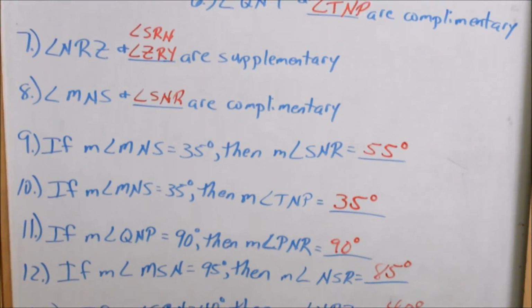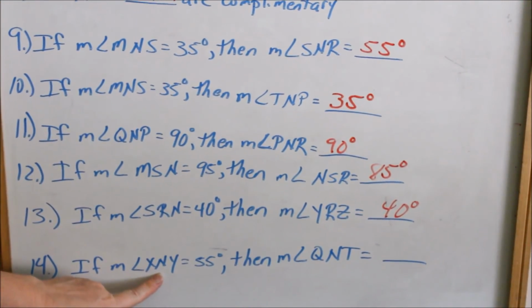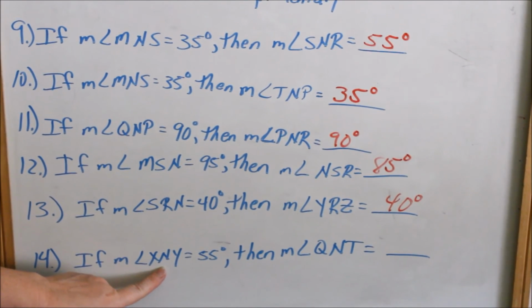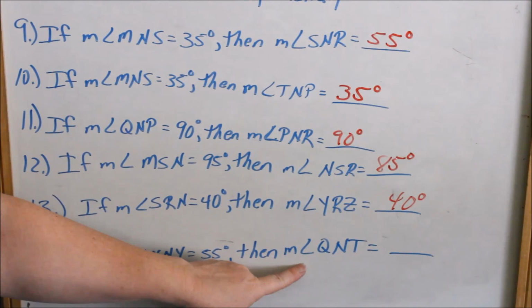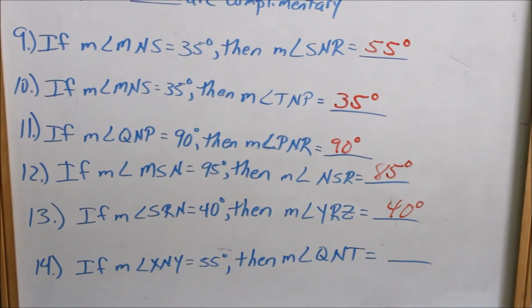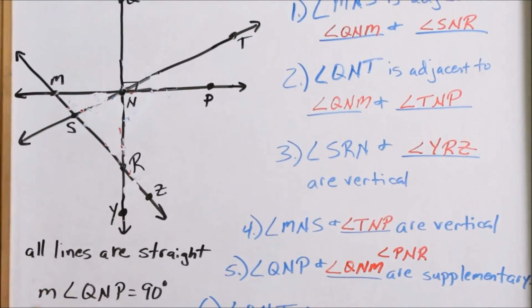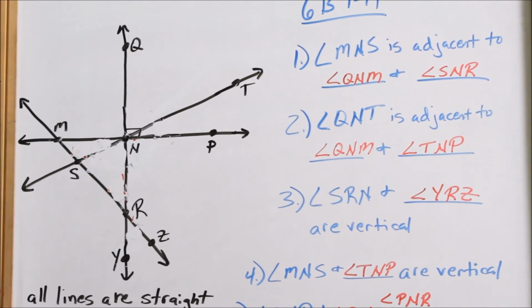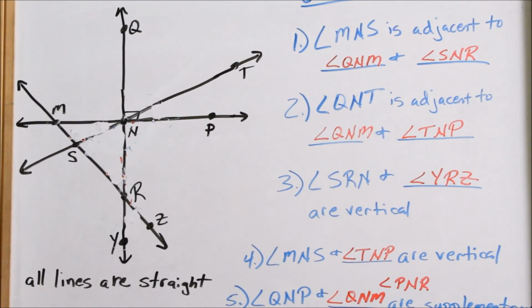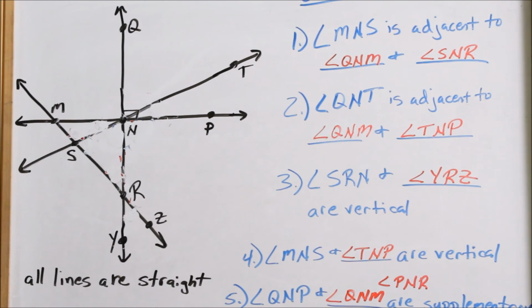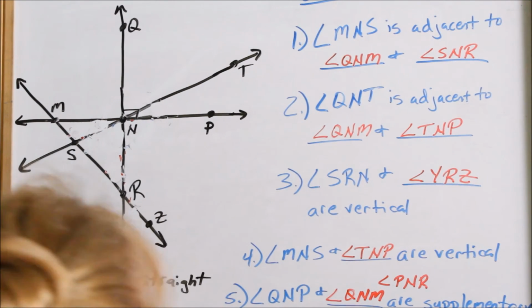Last problem, 14, X and Y. If the measure of X, N, Y is 55 degrees, then what is the measure of Q, N, T? Going back to the figure, X, N, Y. I think I'm missing a letter over here.